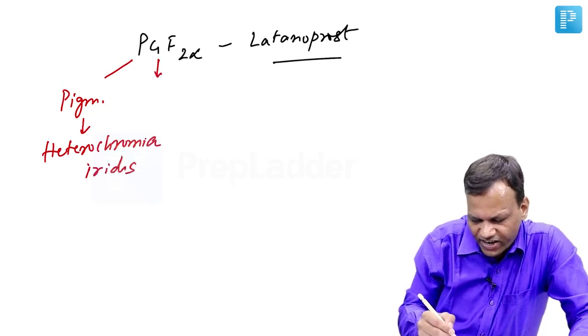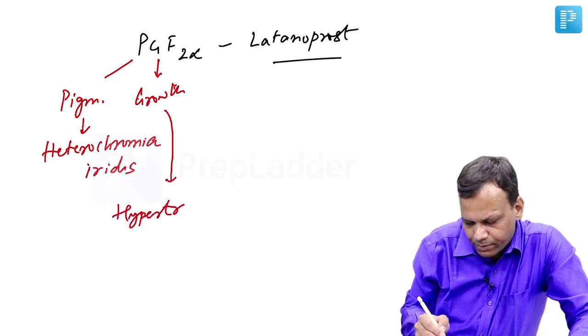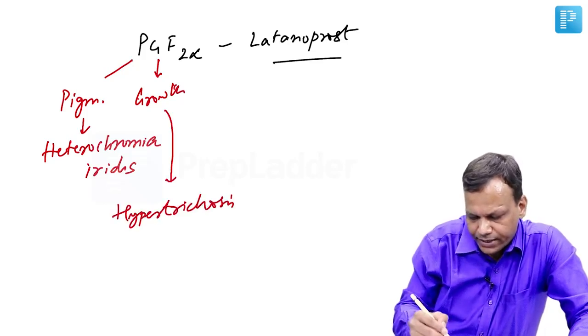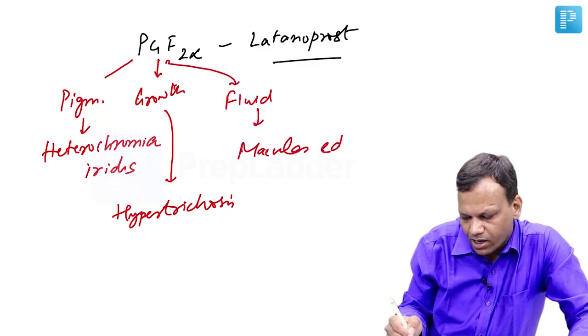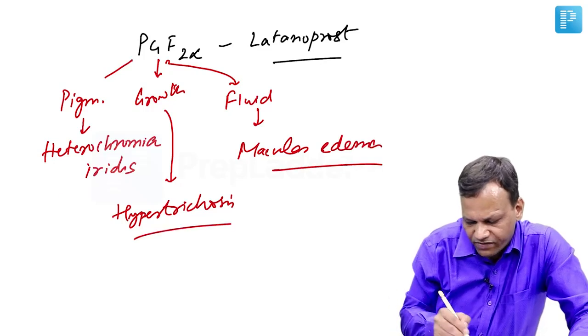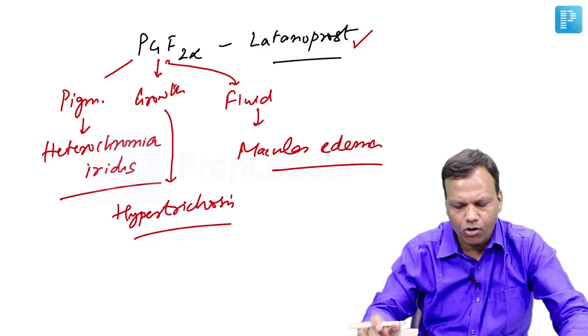It can cause growth of eyelashes, which is known as hypertrichosis. And it can cause fluid in macula, means it can cause macular edema. But important thing, all of these are local side effects. It does not cause systemic side effects. That's why it is drug of choice for glaucoma.